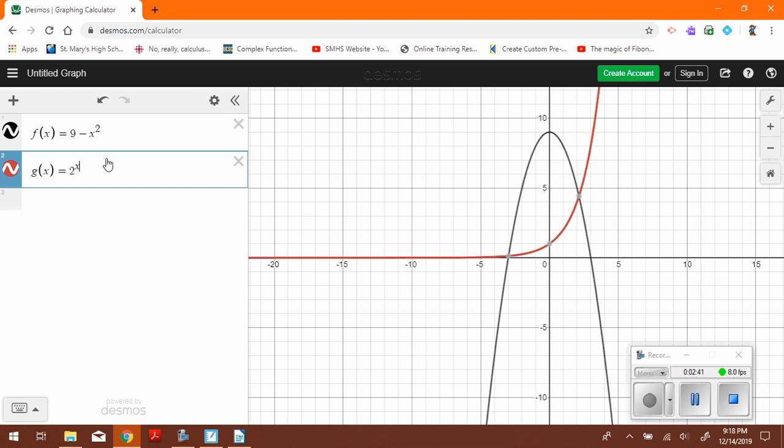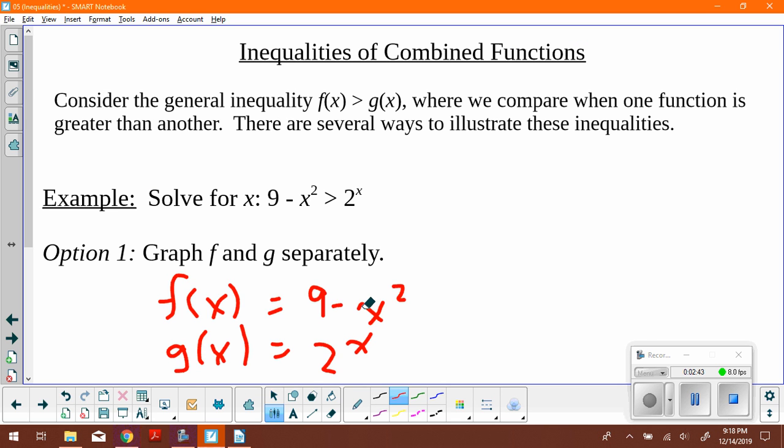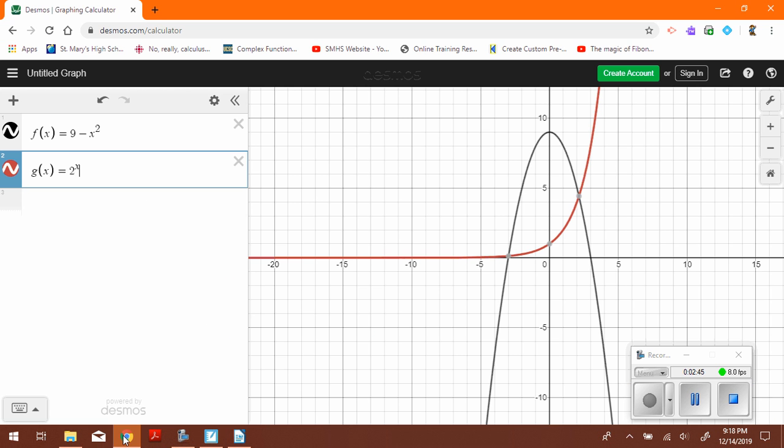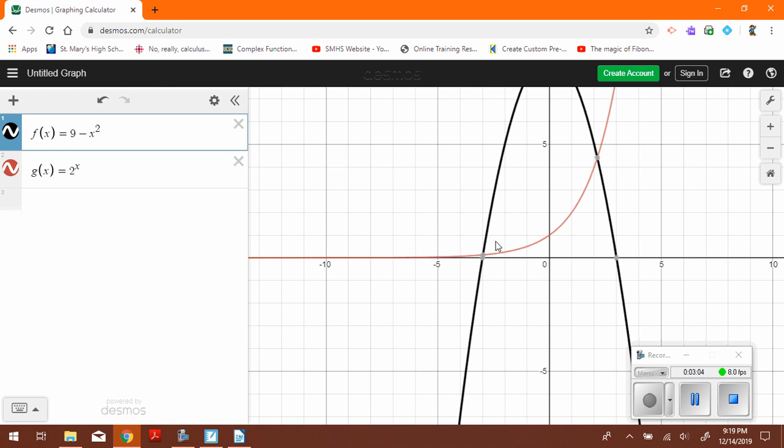I'm just going to double check: 9 minus x squared and 2 to the x. So there are your 2 functions. I wanted to know when f is greater than g. That would be in this stretch here, when my parabola is above the exponential function. All I need to do now is read the information off the graph.